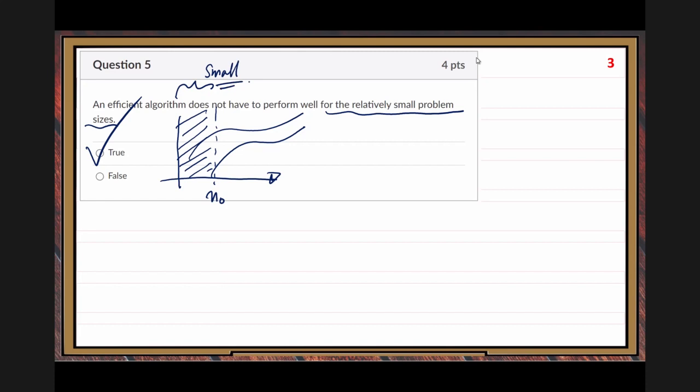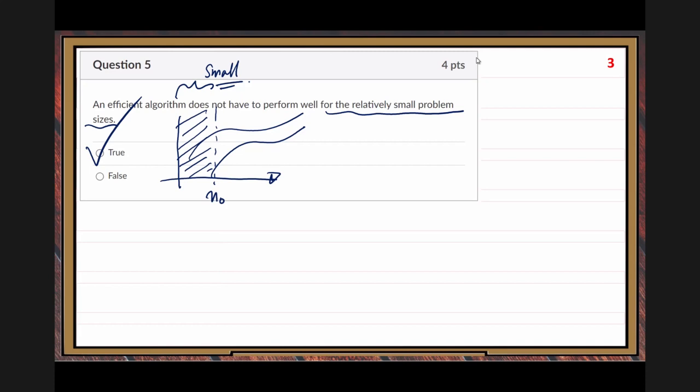So we ignore that part. Not important, that means a faster algorithm could be slower in this part, and a slower algorithm could be faster in this part. So, a lot of distortion. So we should not look at this part.